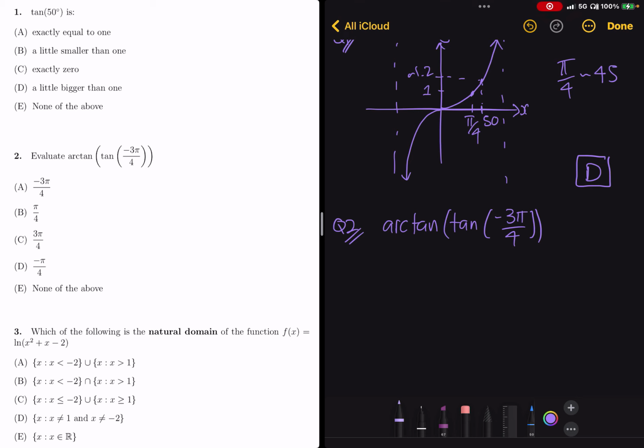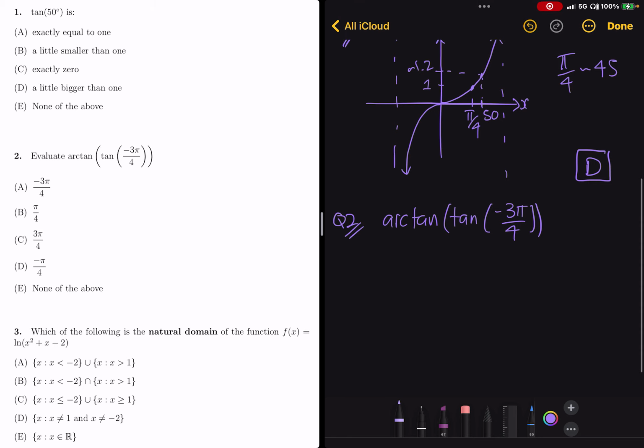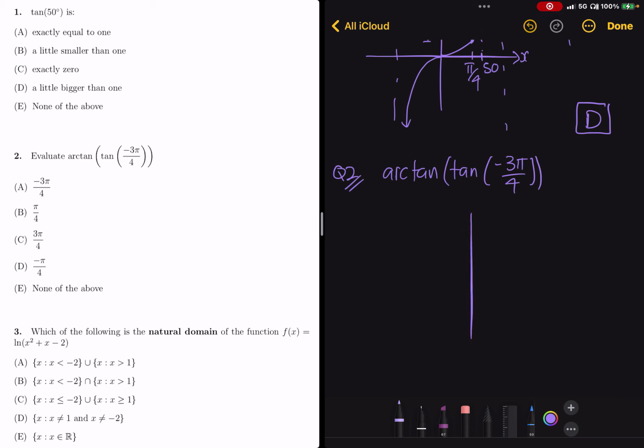So to find an answer, we have to actually evaluate it. The way we're going to do that, we're going to try and find tan of minus 3 pi on 4. So we'll draw the tan function. It's up here, down here.